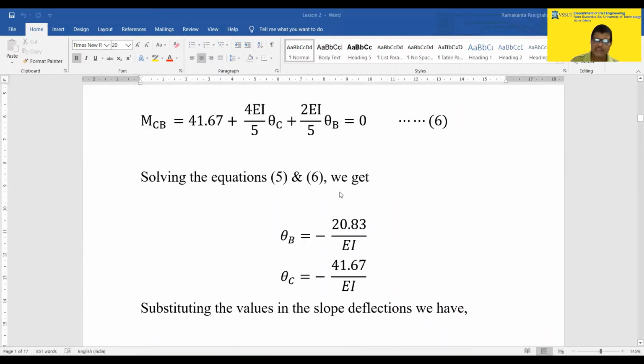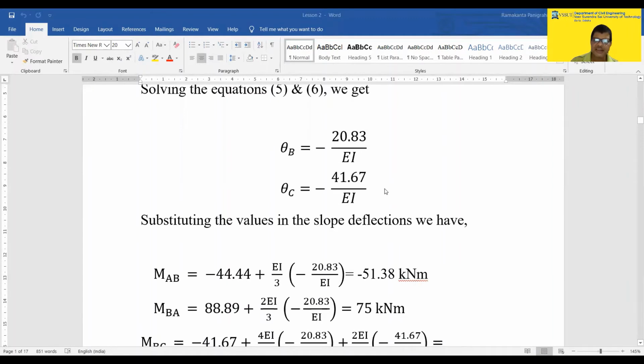By solving this, we get theta B and theta C. These are the displacements or rotations obtained by solving the slope deflection equations.